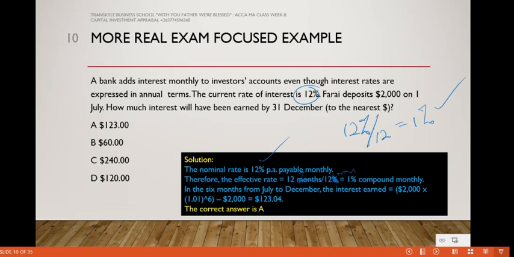So the interest component is going to be 123.04, because remember, the 2000 being deducted is the principal. We do not want to consider the principal. We only want the interest component that will be earned by December 31st. So that's how the interest of 123.04 was obtained, which is our A.